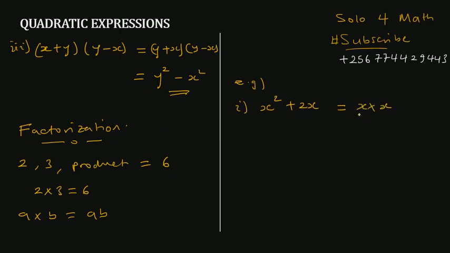Those are the factors of x squared. What about 2x? I would write it as 2 times x. So you see, of the factors of x squared and the factors of 2x, which ones are common? You see x is here, x is also here, so we can take it out. When we take it out, what do we remain with here? We remain with x. What about here? We remain with 2.